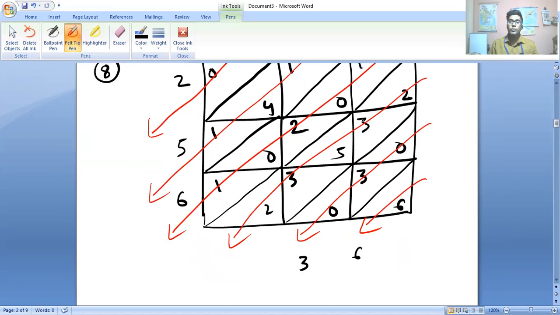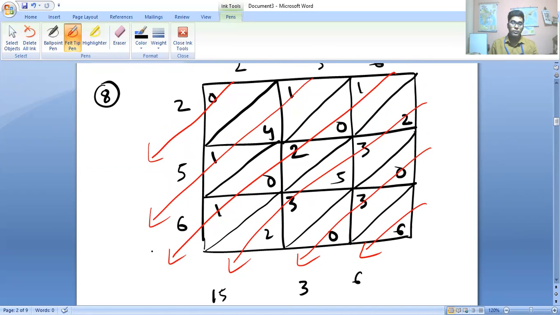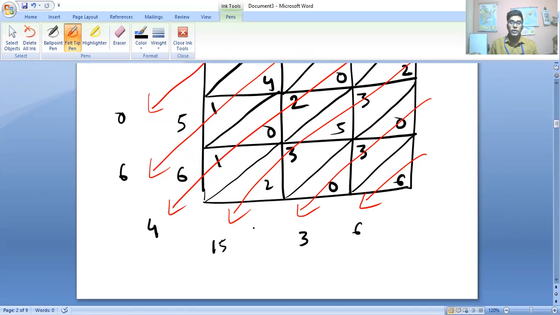Now add them: 3 plus 2, 5, 5 plus 5, 10, 10 plus 3, 13, 13 plus 2, 15. Here 1 plus 2, 3, 3 plus 1, 4. There 4 plus 1, 5, 5 plus 1, 6. And nothing is there, so 0. Very easy.